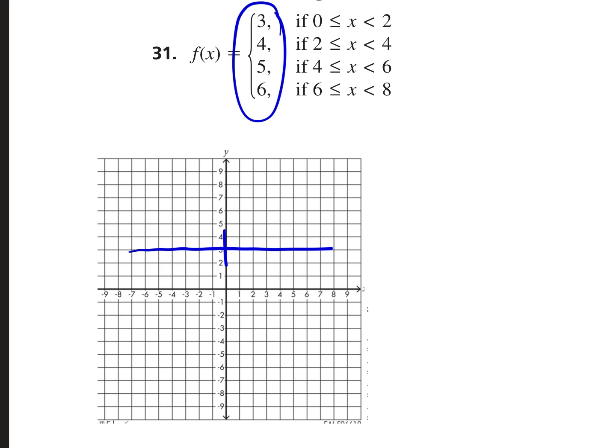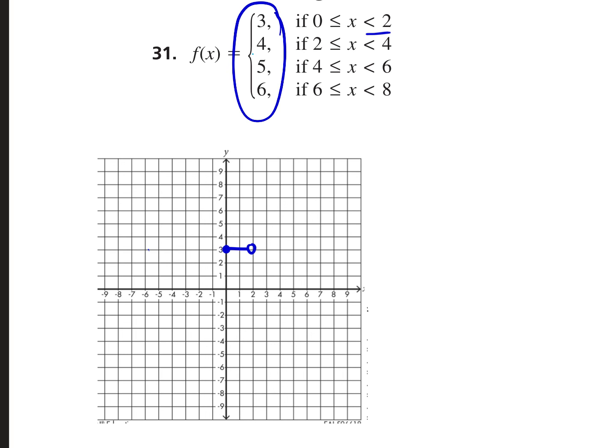So 0 and 2 means that I stop at these 2 points. So I erase everything else. Now, which one's going to get an open circle? The one at 2, because that one just has a less than sign. The other one gets the closed circle.